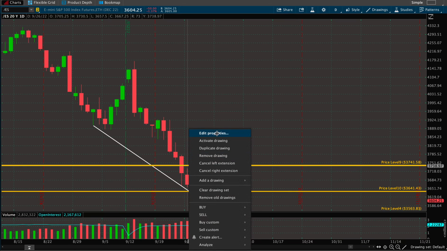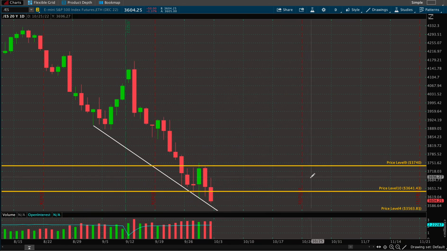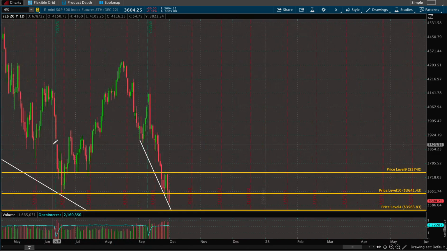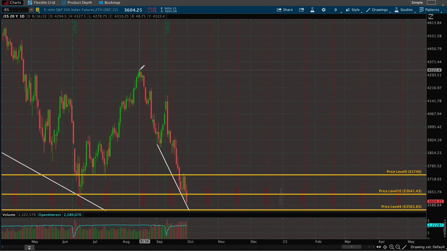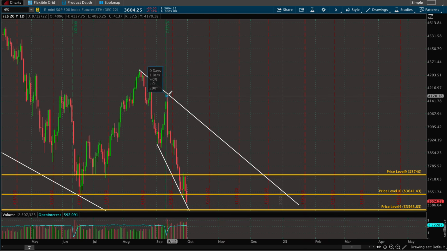So 37.40, let's make that even, is a very good area. Obviously, where do we see from a trend line perspective? We are still in the daily, so we will try to draw a trend line here and see. That's the bigger trend line there, and that's the secondary trend line that we see there.